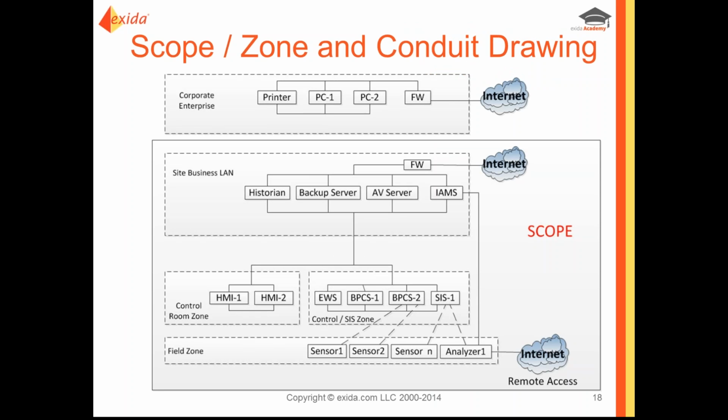What we've done is eliminated the DMZ in the previous drawing because there were no components there, and also removed the corporate enterprise from the scope of the project. So the zones that we have for this analysis are the site business LAN, the control room zone, the safety instrumented system zone, and the field zone, as identified by the blocks within the dotted lines.